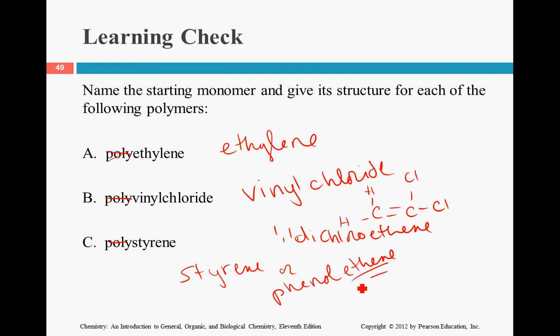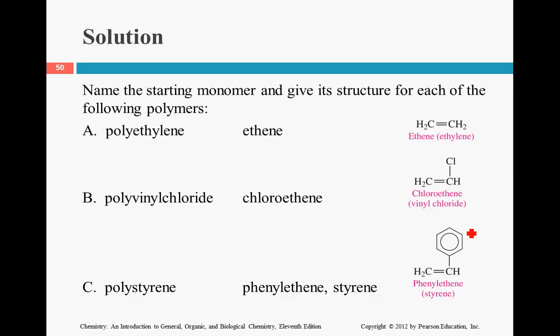So once again, we have a double bonded carbon, but now we have a phenyl coming off of it as well. All right, and here we go. Notice the common names are in parentheses, and these are the official names.